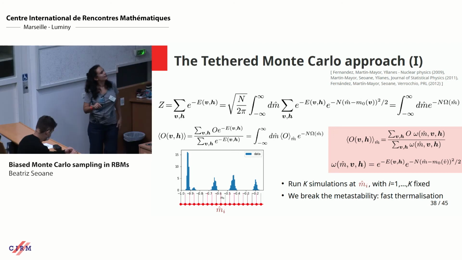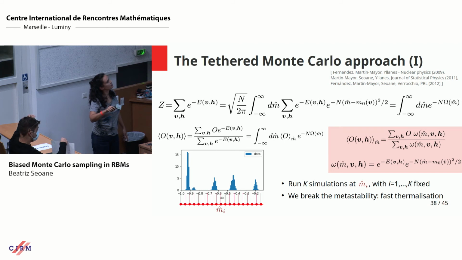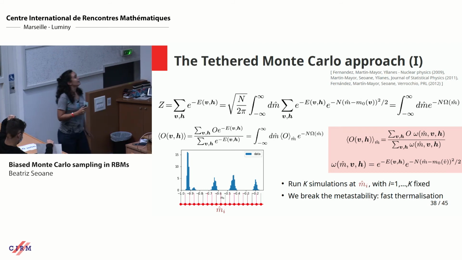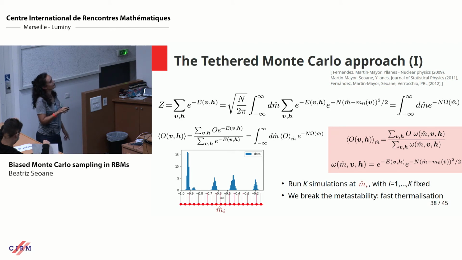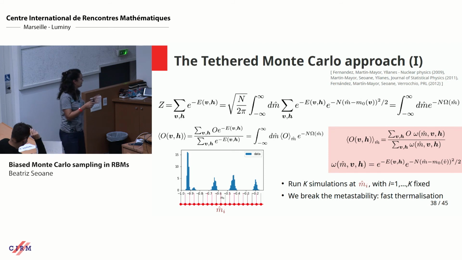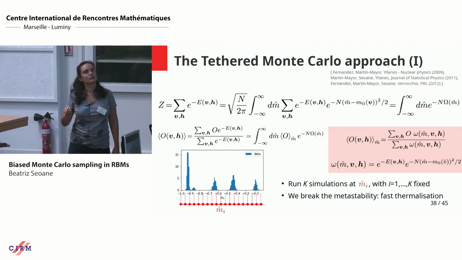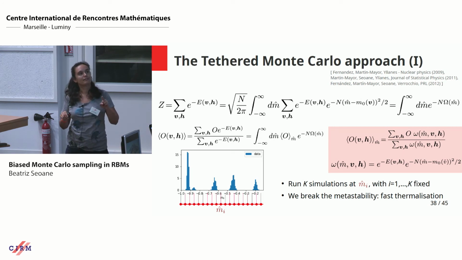So we can use this to define a tethered potential, which would be all the terms that we have here. This trick allows us, if we want to compute a mean value in our model, to do the integral of the mean value obtained at fixed value of m hat multiplied by this potential.